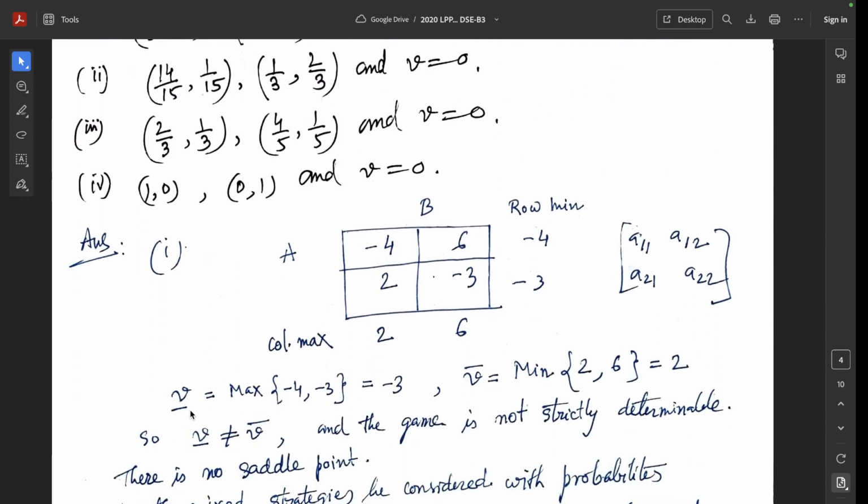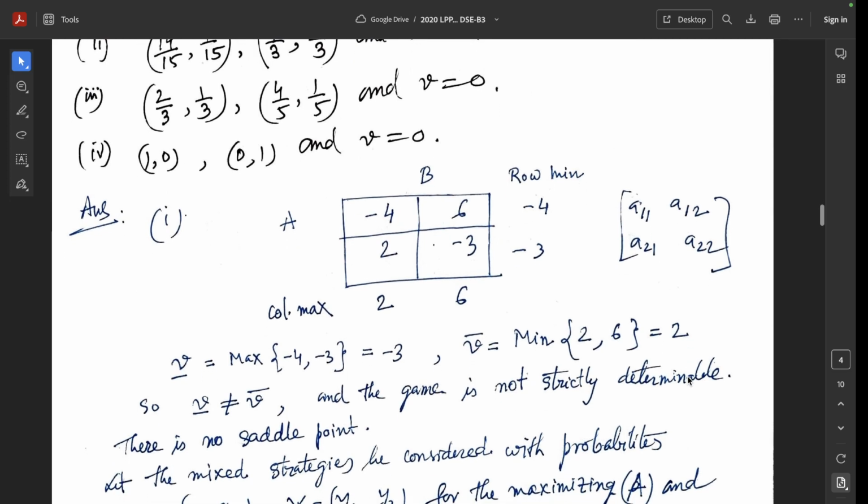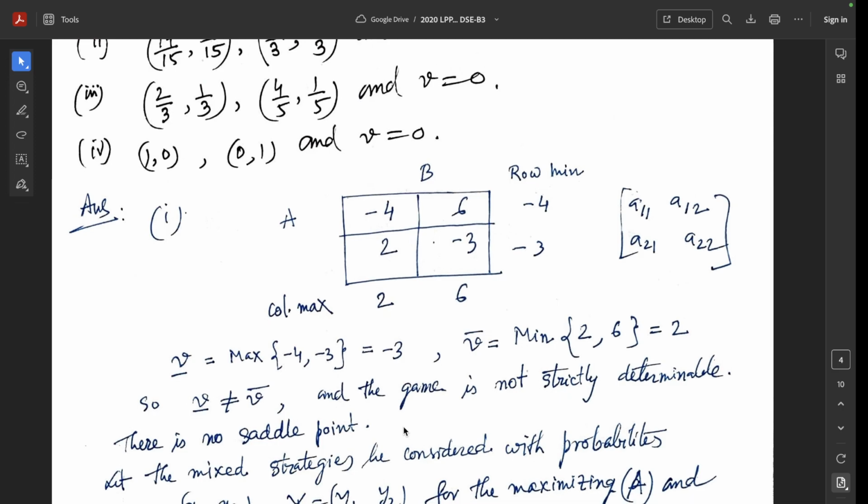So the lower bound, the maximin, is the maximum of the row minima -4 and -3, which equals -3, and the upper bound, the minimax, is the minimum of the column maxima, which is 2. So the maximin and minimax values are not equal, and the game is not strictly determinable. There is no saddle point.